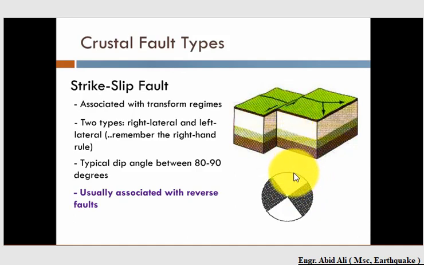Opposite over here, this quadrant where my left lateral motion gets thrust to the right causes compression in this portion of my little circle, but tension in the other portion. Compression is black, and the white is tension. So this beach ball would indicate a left lateral strike slip fault. If it was a right lateral strike slip fault, the colors on the beach ball would be opposite.